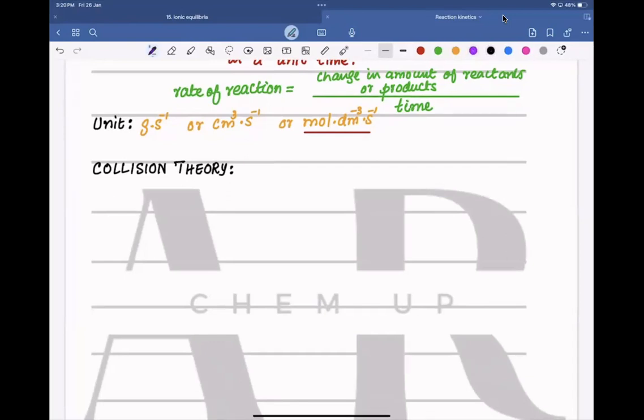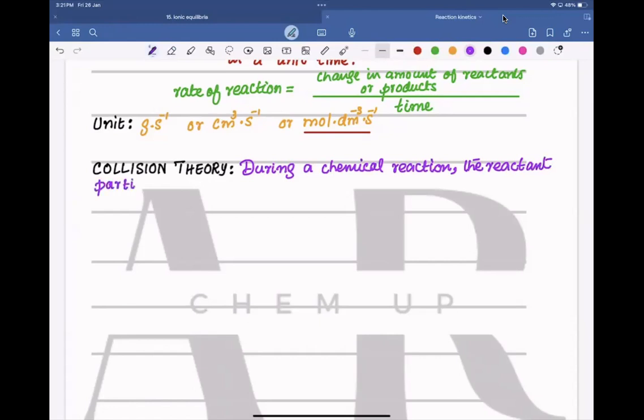So during a chemical reaction, the reactant particles must collide with each other.